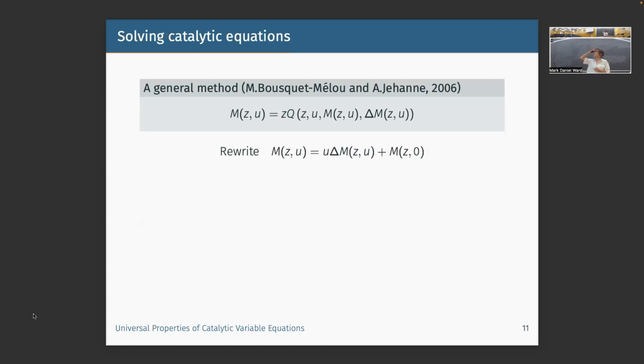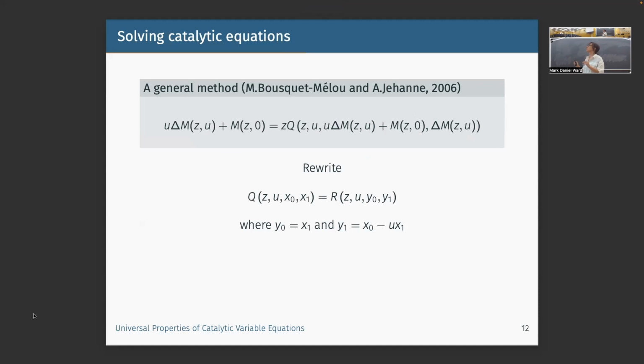And it's based on this general method in this paper that was already cited in the last talk by Mireille Bousquet-Mélou and Arnaud Jehanne, that appeared in 2006, where they proved that catalytic variable equations yield algebraic solutions, so that M(z,u) is algebraic. They also give this specific method that I will show you in a second. But before I do this, let me just rewrite something. It's really not deep, it's not important, but I don't want to lose you just because I use new variables and I want to save space.